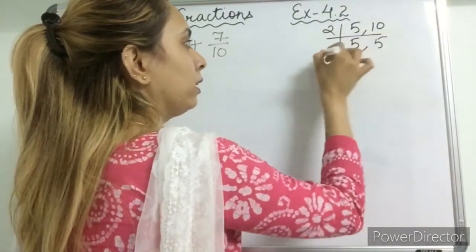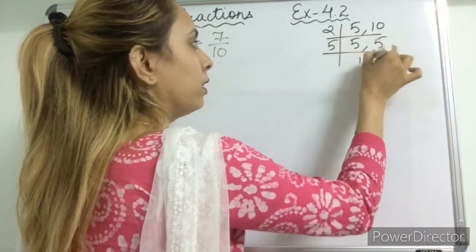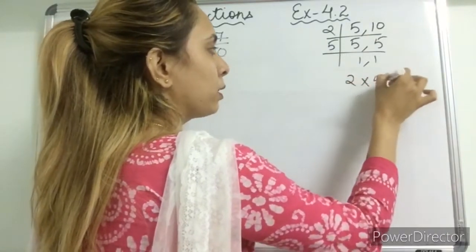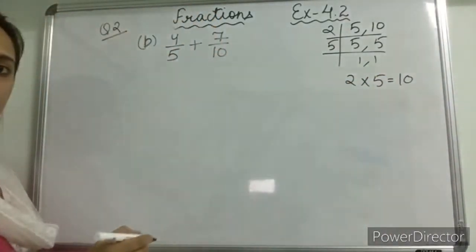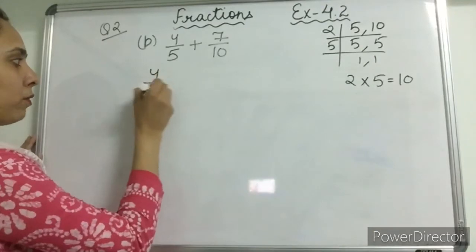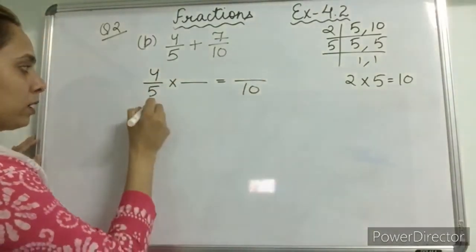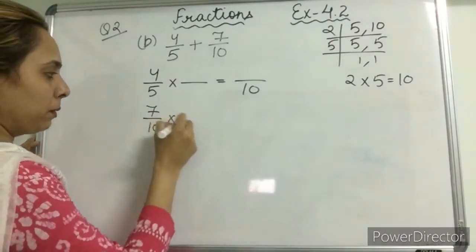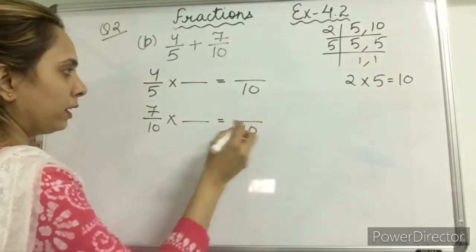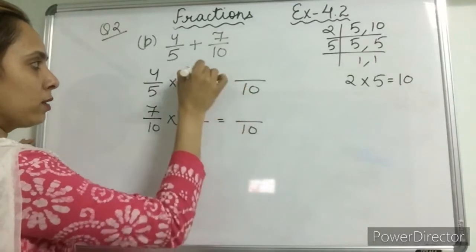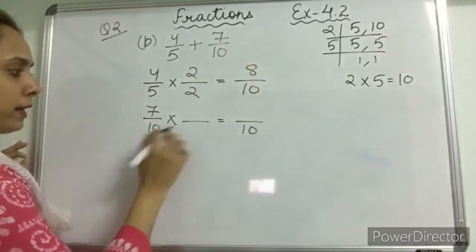2 5s are 10, so 2 into 5 is equal to 10. 4 upon 5 multiplied by 2 gives 8 upon 10, and 7 upon 10 multiplied by 1 stays 7 upon 10. So 5 2s are 10, and here also 10 1s are 10.